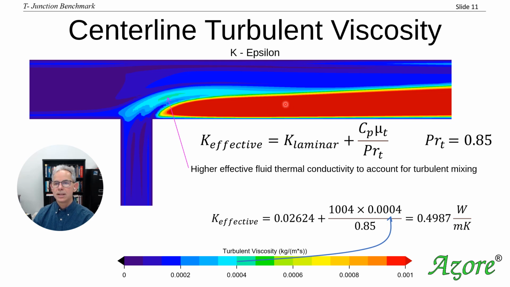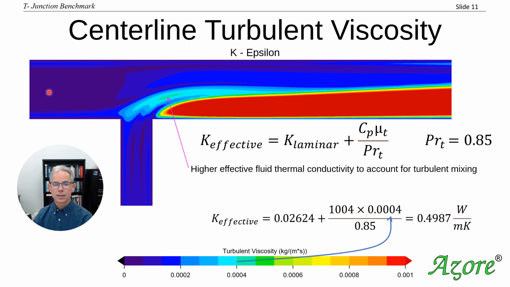You can see red areas are high turbulent viscosity and blue areas are low turbulent viscosity. The red areas represent where there are a lot of whirls and the whirls are very strong in nature. And the blue areas represent where there are fewer whirls or eddies and they don't have very much strength.